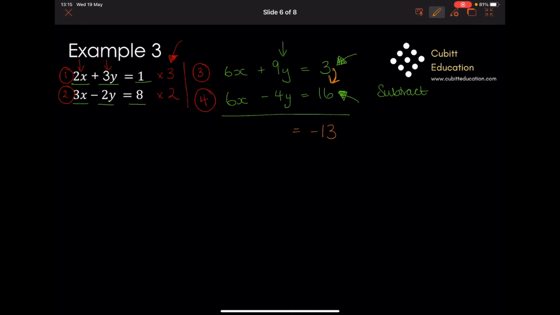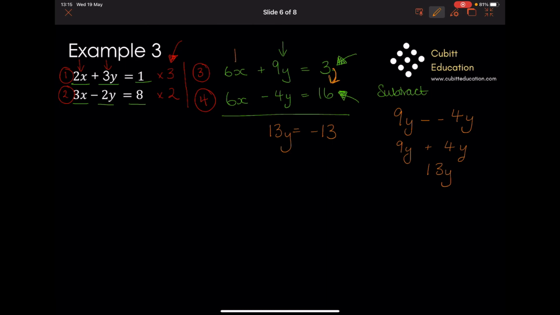And then here you have 9y, and you're going to take away from that minus 4y. That ends up being 9y plus 4y, which gives you 13y. So 13y equals minus 13.